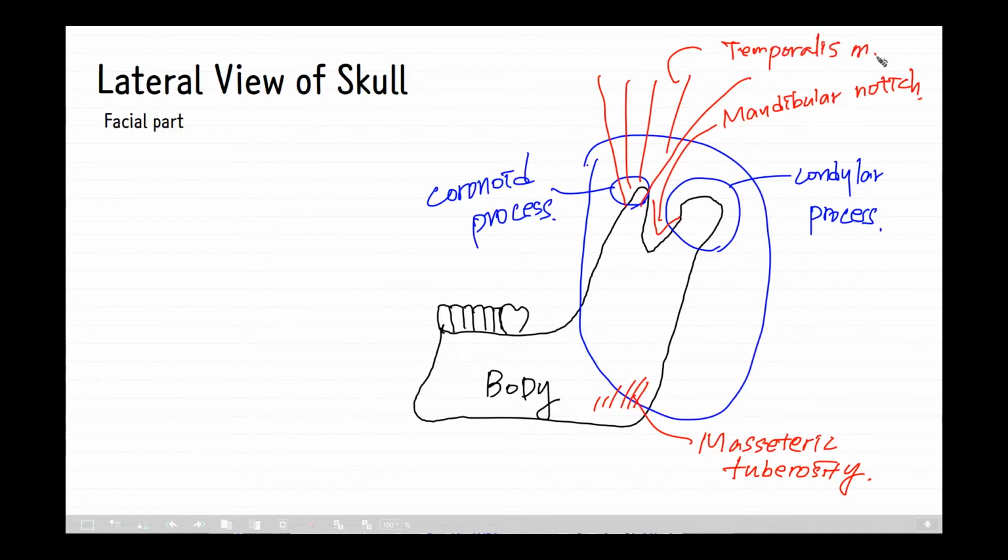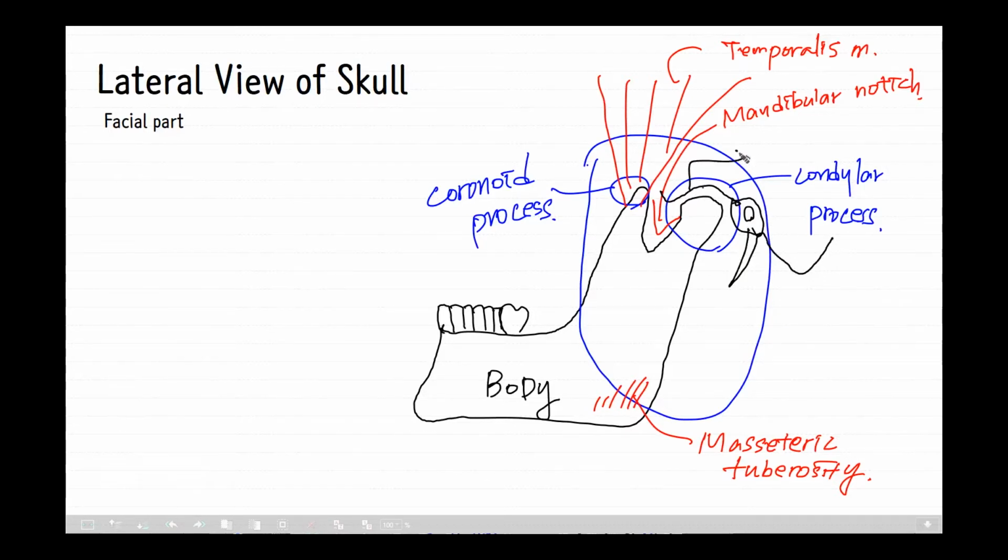And the condylar process or condyloid process articulates with the mandibular fossa of the temporal bone, like this. And there will be an external acoustic meatus, the styloid process and the mastoid process of the temporal bone, like that.